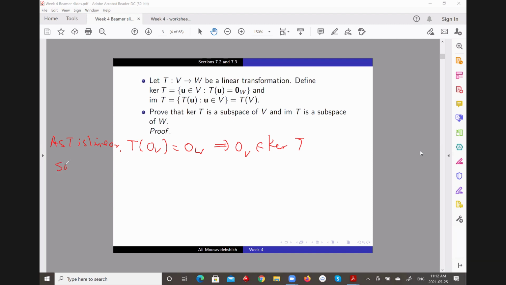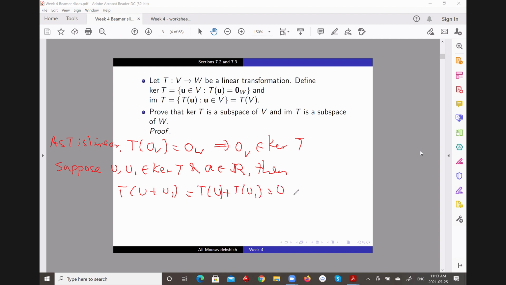Now suppose U and U1 are in the kernel of T, and A is a real number. Then, if we look at T of U plus U1, this is T of U plus T of U1, which is the zero vector in W plus the zero vector in W, because remember, U and U1 are in the kernel of T. This is 0W, and this tells you U plus U1 is in the kernel.